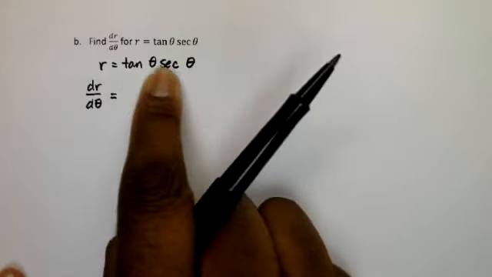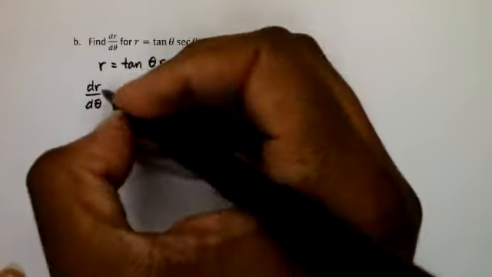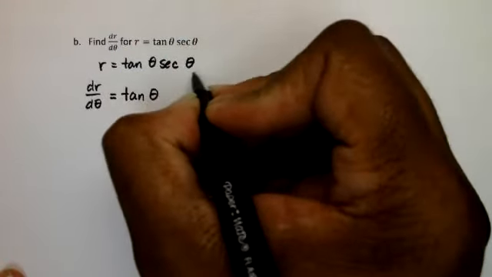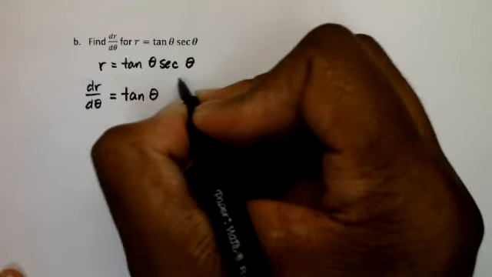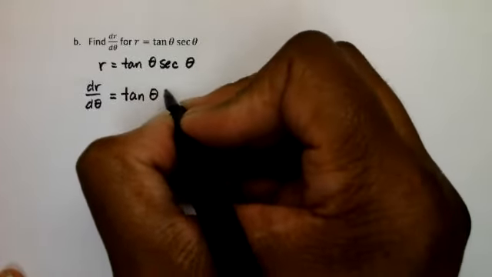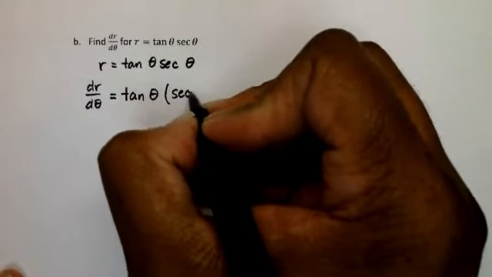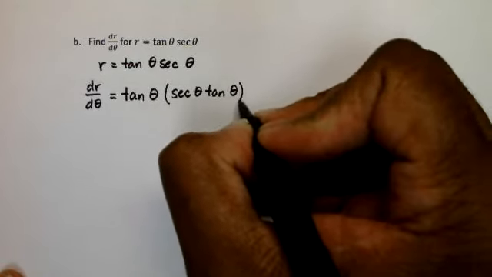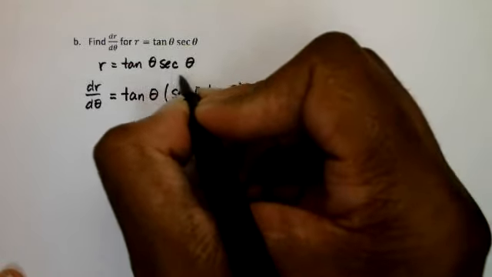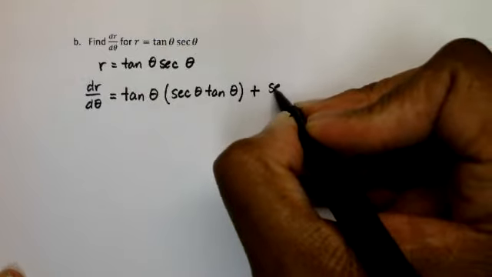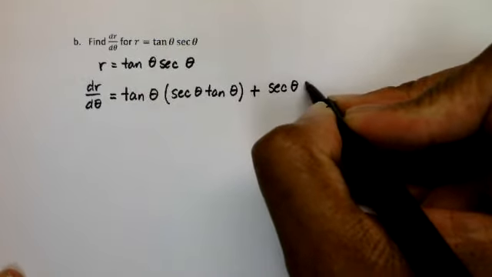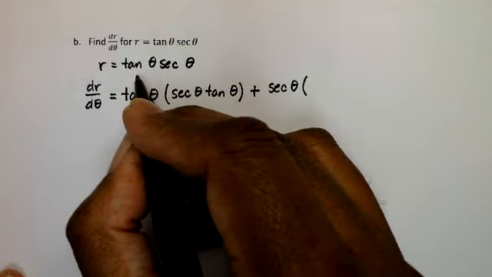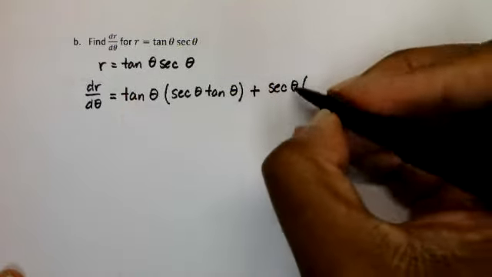Because we've got tangent theta times the secant of theta. And if you recall the product rule, it's going to be this: the first term, which is tangent, times the derivative of the second. The derivative of secant theta is, in this case, secant theta tangent theta. And then plus the second, which is secant theta, times the derivative of the first. The derivative of the tangent is secant squared theta.